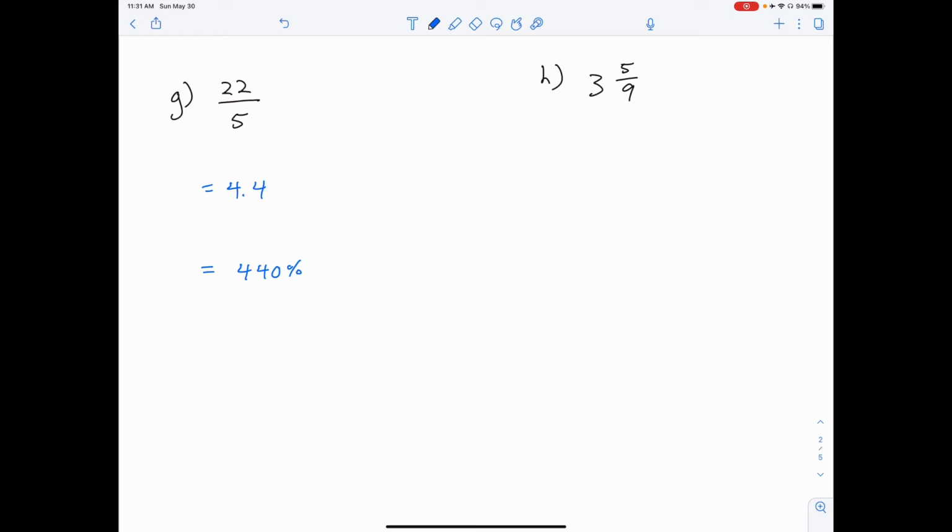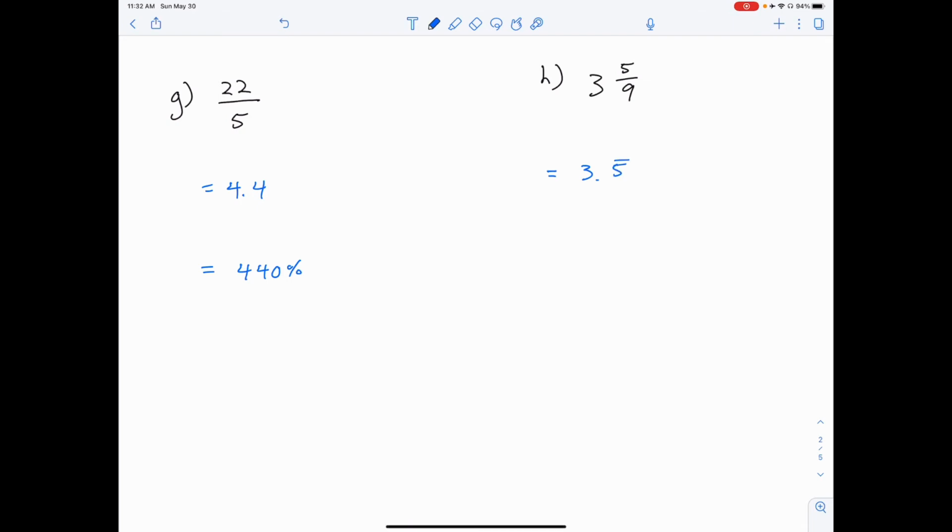So likewise, for H, you see here that in G, this is known as an improper fraction, where the numerator is bigger than the denominator. H is known as a mixed fraction. So in this case here, 3 and 5/9, the 3 represents the whole number in front of the decimal. So 3 and 5/9 gives us 3.5 repeating, which means that it's basically the 5 repeating for the decimal part.